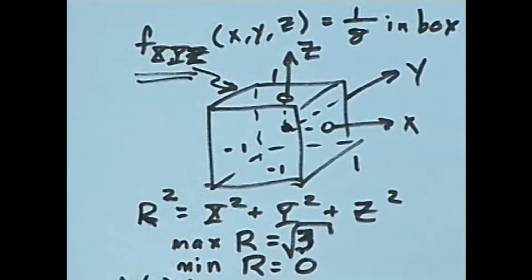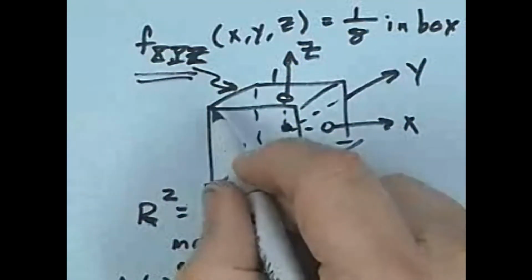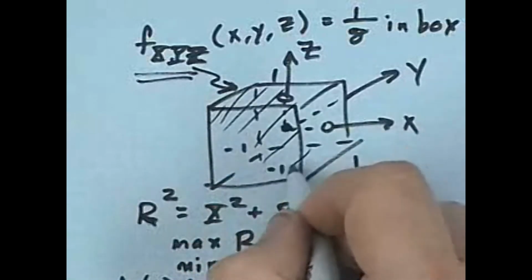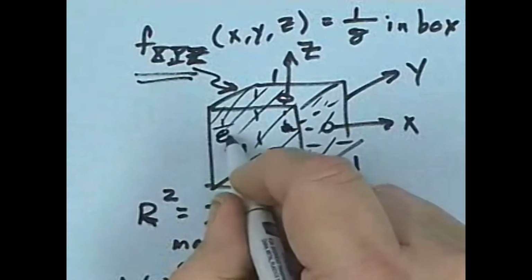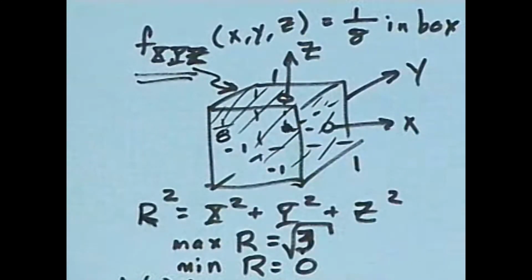Well, that value must be so that the total integral is equal to 1. So therefore, the value of the cloud inside here, and we can think of 3-dimensional density functions as kind of clouds, the value within the box is 1/8. Okay? So that is where we got that.